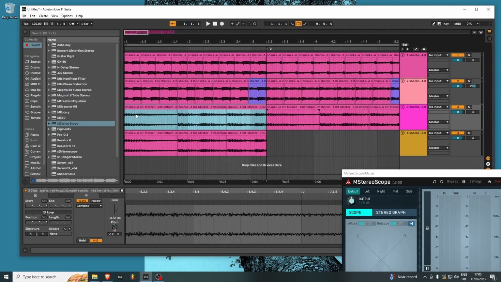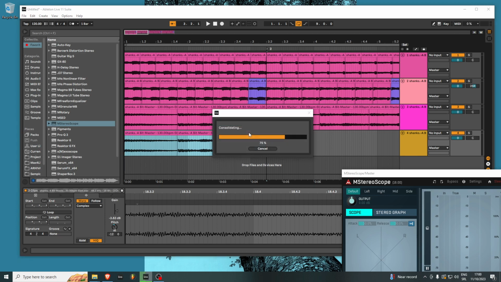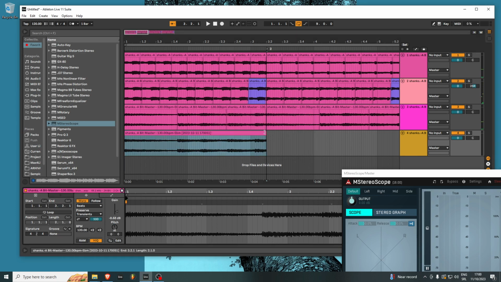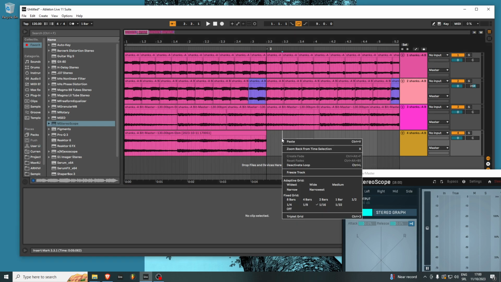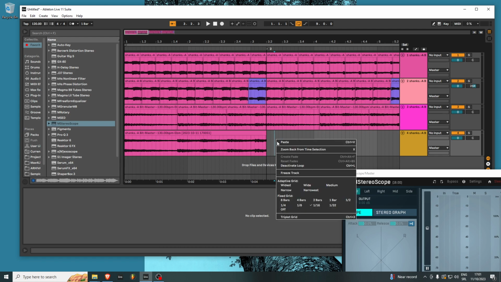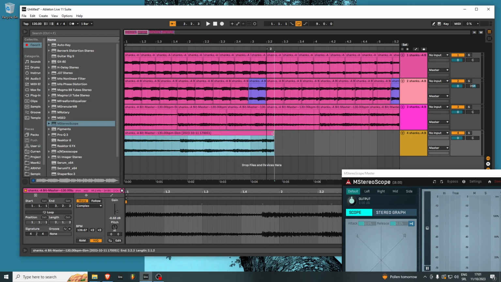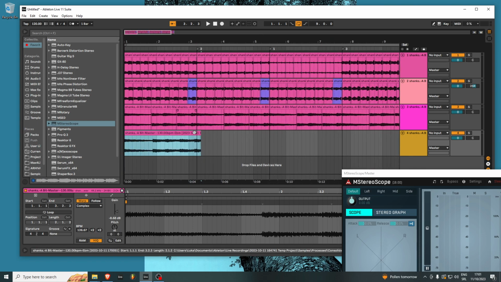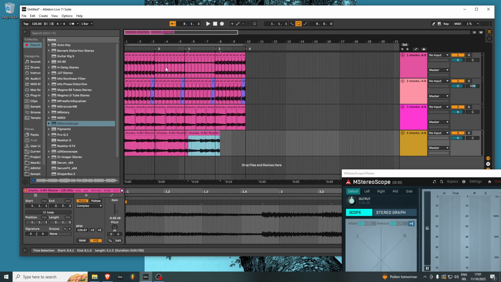Because I edited the sample, I'm going to consolidate this one, and I'm going to put it so it keeps pitch, and I'm going to offset it by an eighth note, right? So I dragged and I resized my sample so it offsets itself by an eighth note.